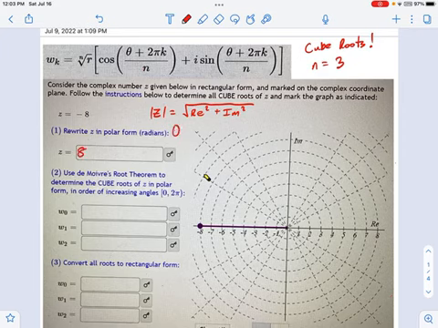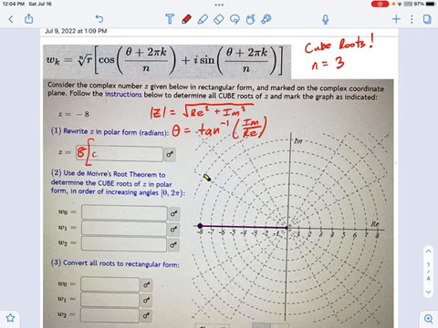And the formula for the angle is the inverse tangent of the imaginary part over the real part. So you can plug those in, and you will find that theta equals pi. You might be a little confused about whether it's 0 or pi, but it's pi, using these rectangular coordinates to give you the hint.